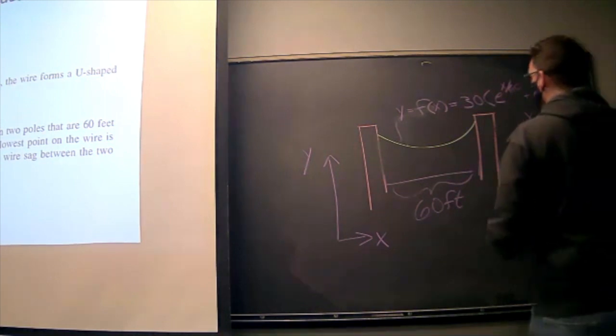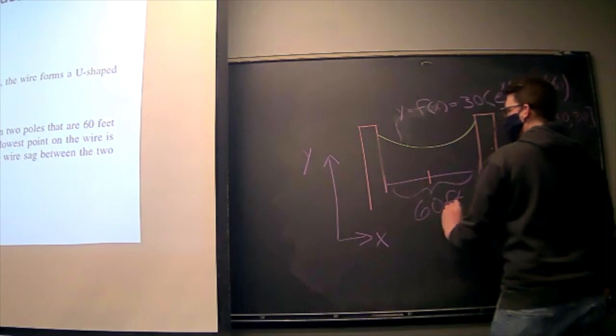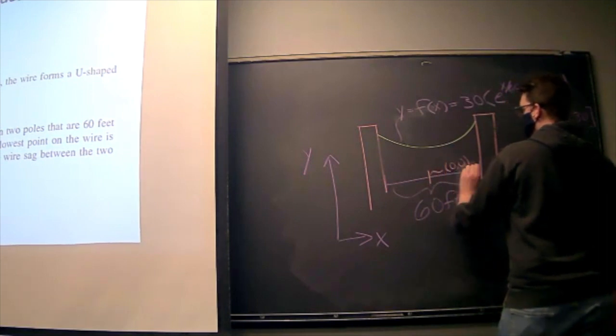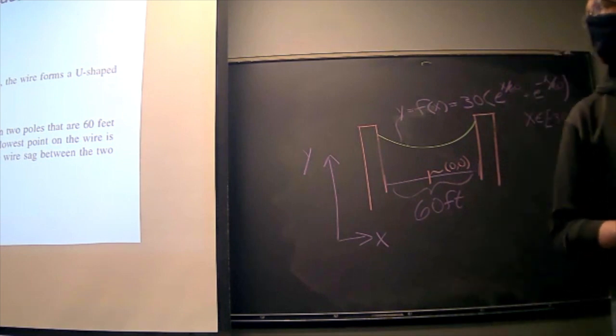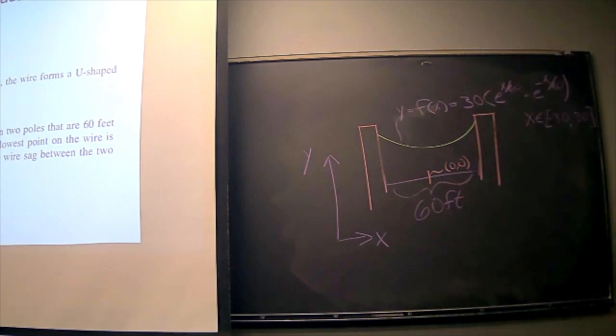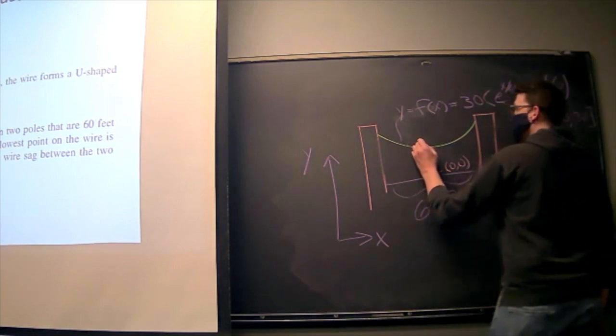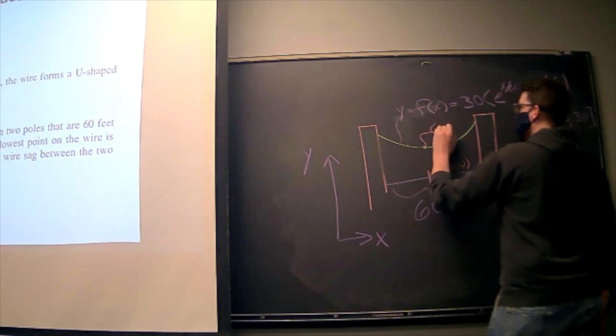Having said that, they're saying that this is 0, 0. And this is 0, 30.